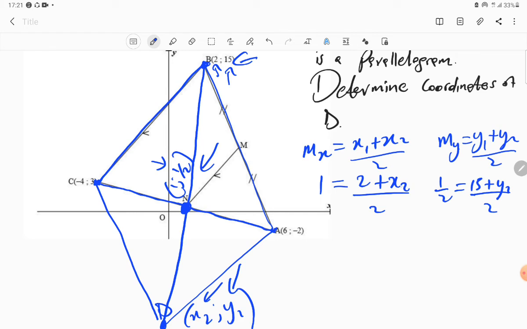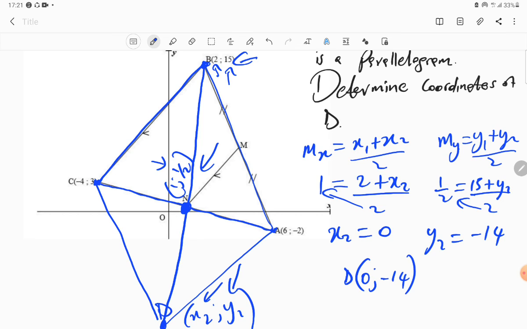Now let's solve for x2 and y2. Cross multiplying, 2 minus 2 gives x2 equal to 0. Then 1 minus 15 gives y2 equal to minus 14. So D is (0, -14).